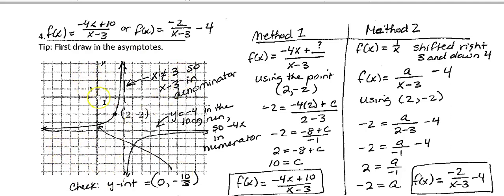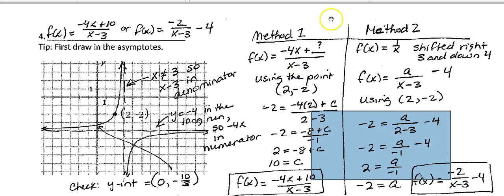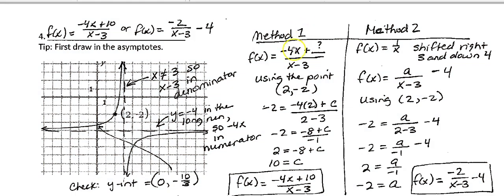This has more of a negative trend to it, because of the negative leading coefficient, or the negative constant right here. Actually, I don't know that this shows it, but this one definitely shows it. So once again, two different ways of writing the same equation.